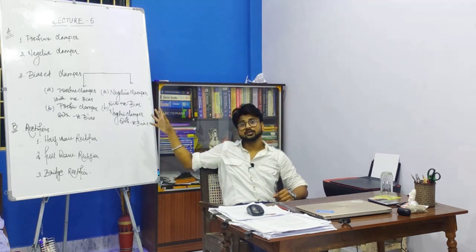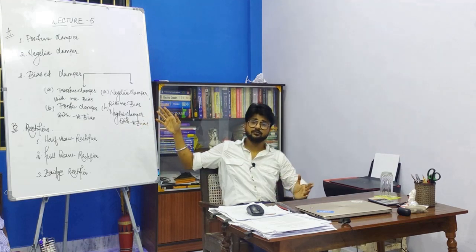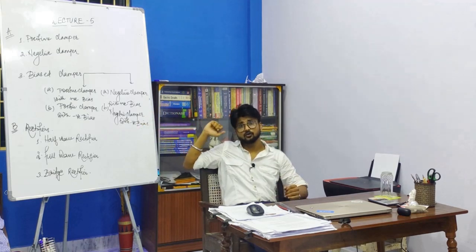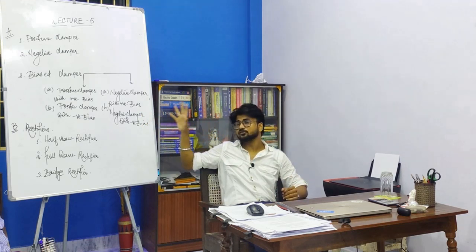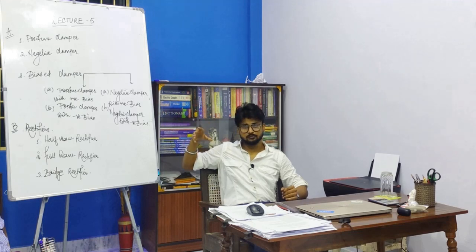We did the construction and working of all these types of clampers, and in the previous lecture, lecture 4, we discussed all the clipper circuits. You may get different types of clipper and clamper problems in your exams, and we discussed some of them in the preceding classes.